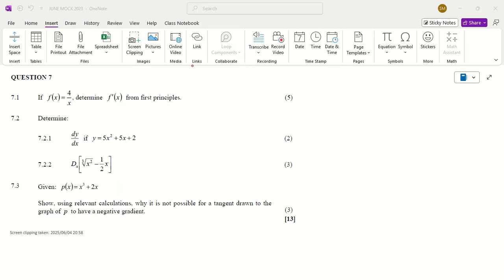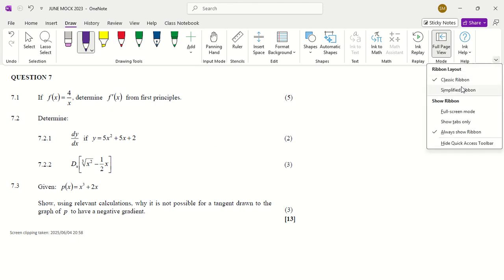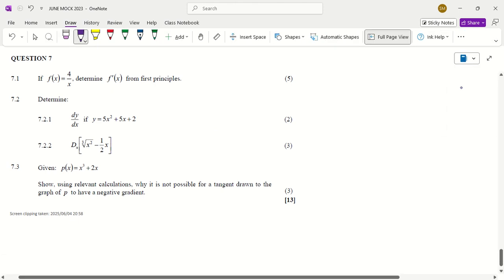Okay, so for question 7 we have calculus, and the first question is first principles, and we need to find the derivative of 4 over x from first principles.